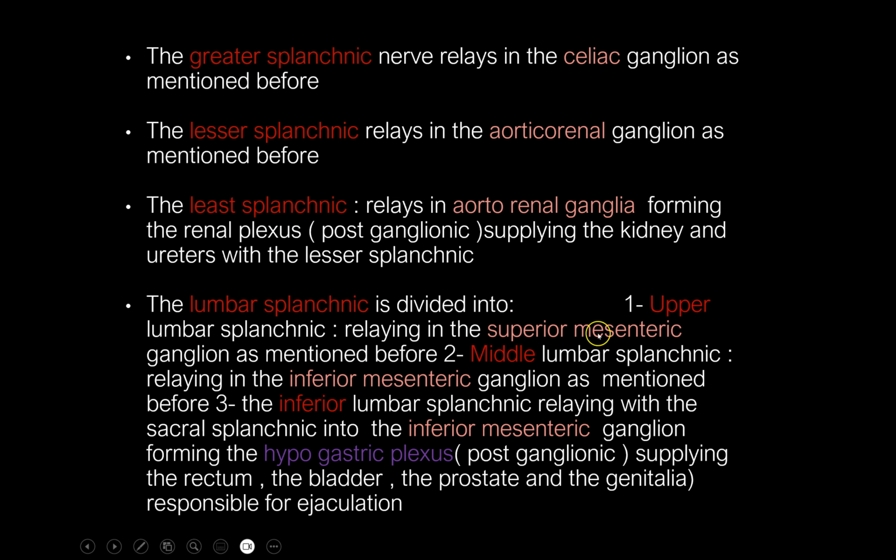So the lumbar splanchnic, upper with superior mesenteric, supplying the proximal intestine, small intestine, proximal large intestine, and middle lumbar splanchnic relaying in the inferior mesenteric, and the inferior lumbar splanchnic also in the inferior mesenteric, from which comes the hypogastric plexus supplying the rectum, bladder, prostate, and genitalia for ejaculation, because the sympathetic is responsible for ejaculation.